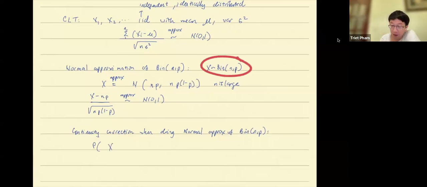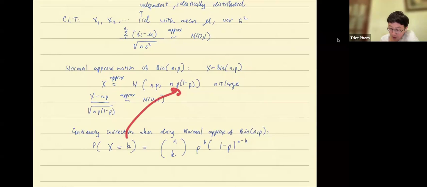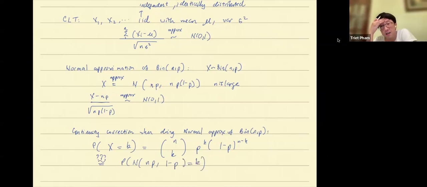So let's say X is binomial NP. You say probability X equals K, which on one hand is N choose K, P to the K, 1 minus P to the N minus K. But if you transfer this to a normal, let's say you do normal NP(1 minus P), approximately, probability equals K. Then you're quite off because the answer here will be 0, automatically, because it's a normal random variable.